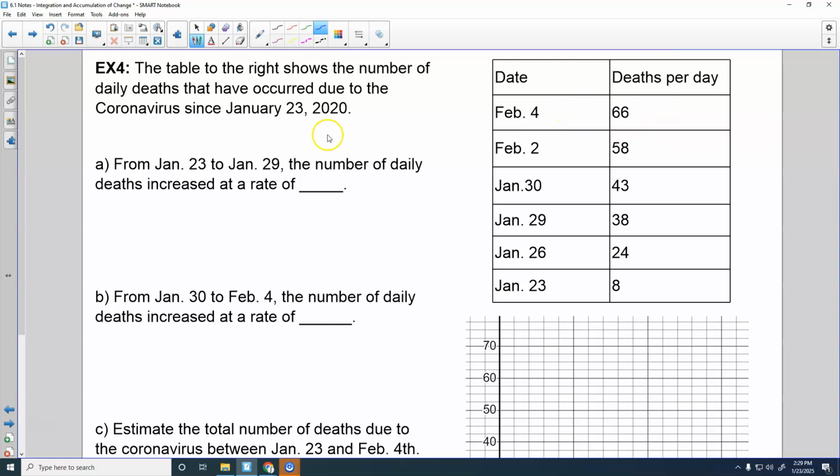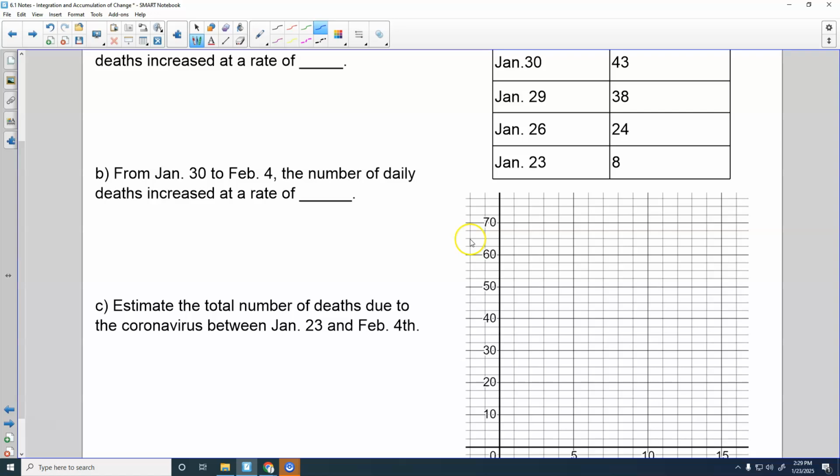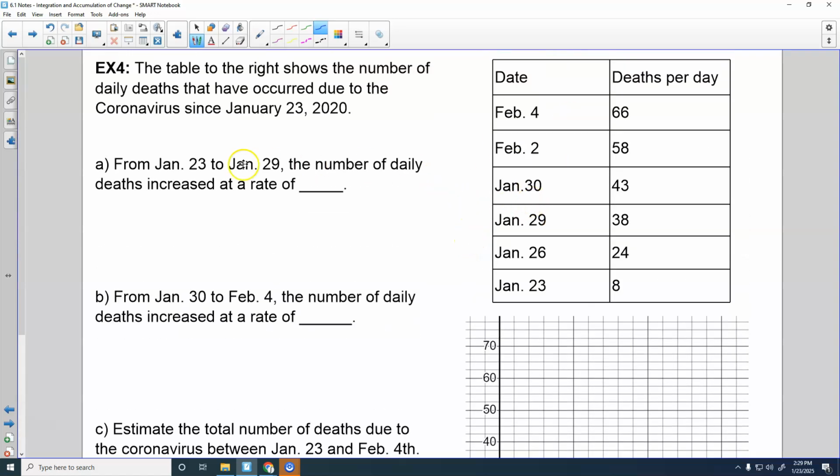So at this time, these were the number of deaths per day in China. If it asks us from January 23rd to January 29th, the number of daily deaths increased at a rate of blank.